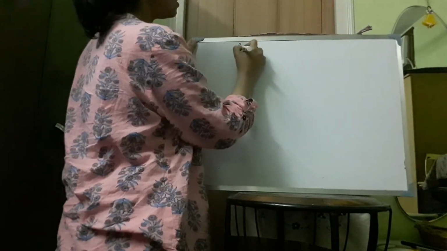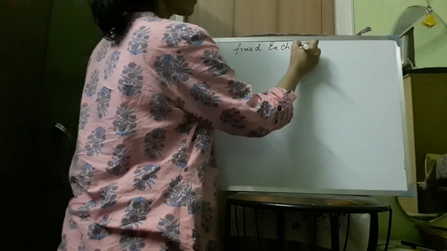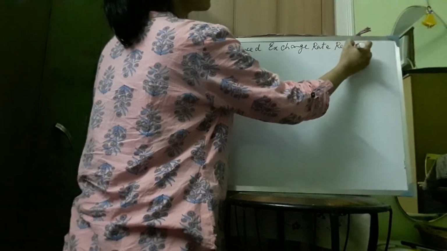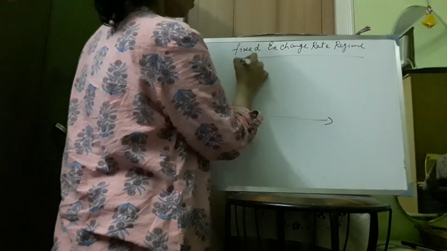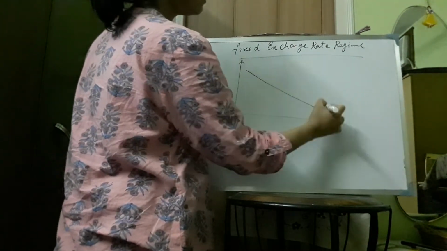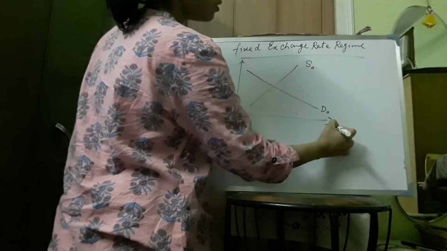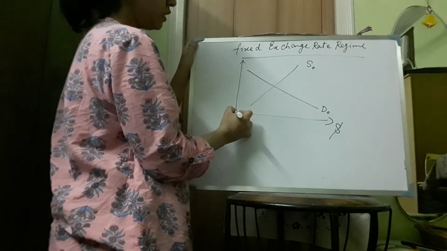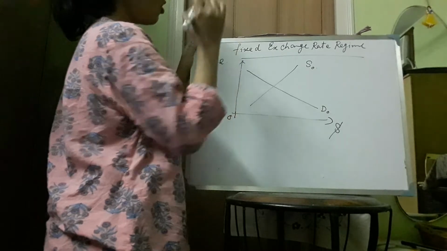So now suppose this is the demand curve for dollar and this is the supply curve of dollar. Here we are considering the total amount of dollar demanded and supplied, and here the price of dollar, that is the nominal exchange rate.